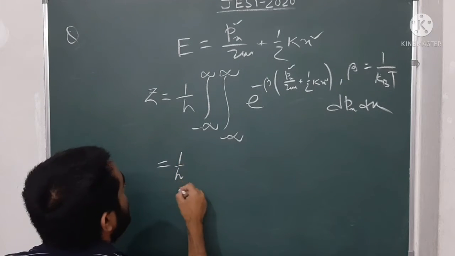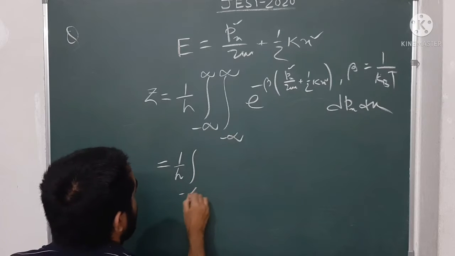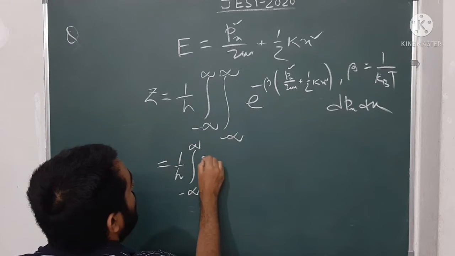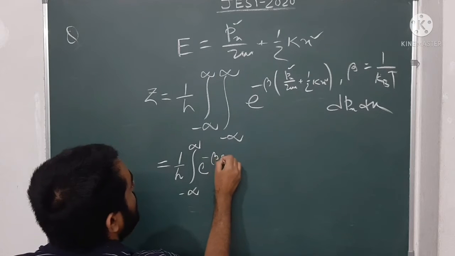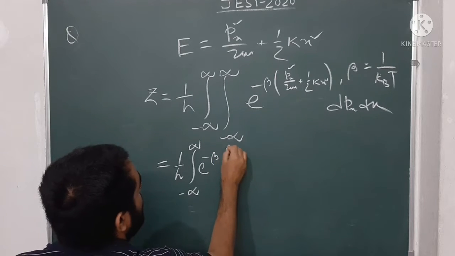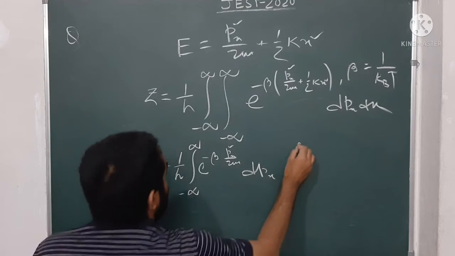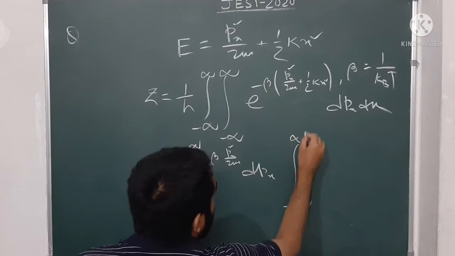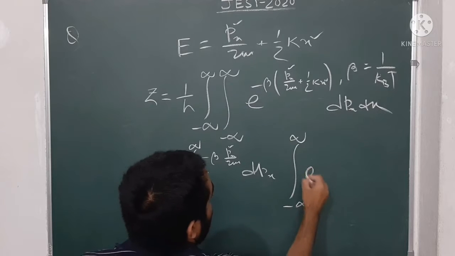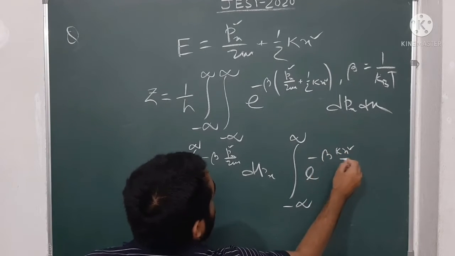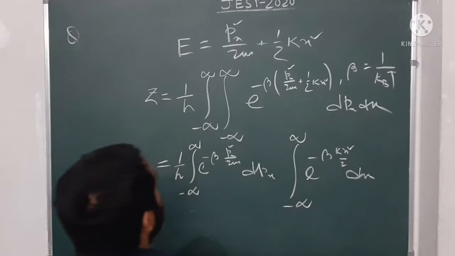So 1 by h, integral from minus infinity to plus infinity of e to the power minus beta Px square by 2m dPx, into integral from minus infinity to plus infinity of e to the power minus beta K x square by 2 dx.